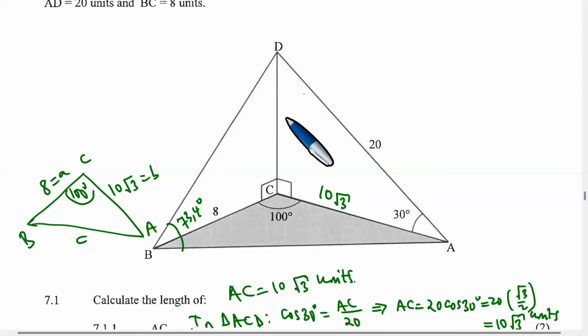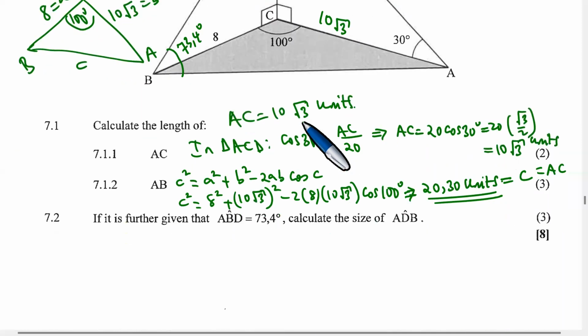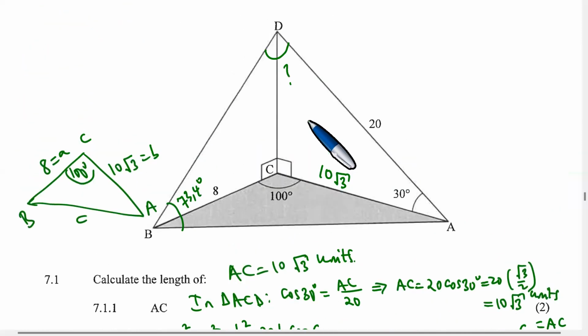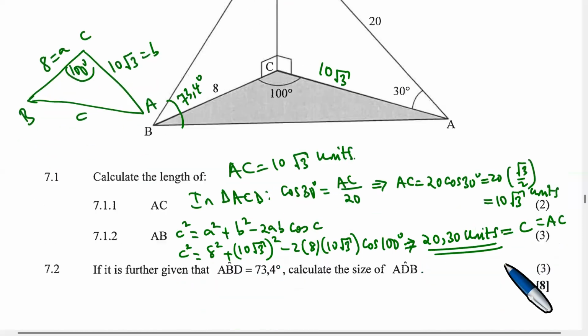You need the size of this angle here. To do this one, we can just say the sine of ADB over AB.